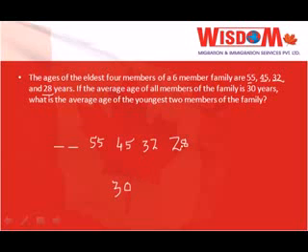The deviation of 30 from 28 is negative of 2. This is positive of 2. This is a positive of 15. And this is a positive of 25.